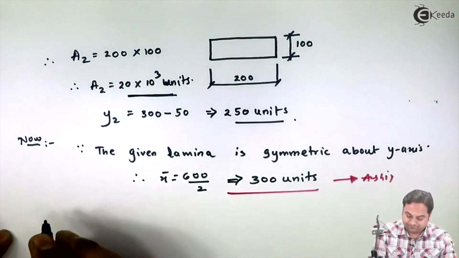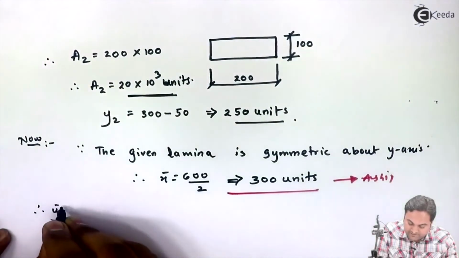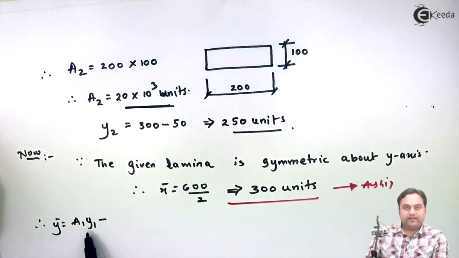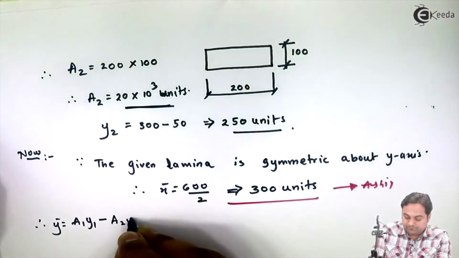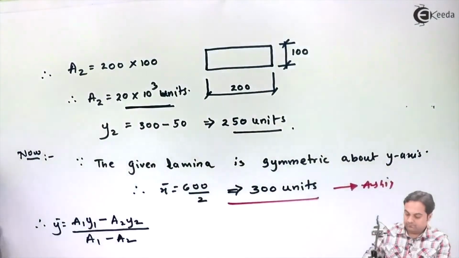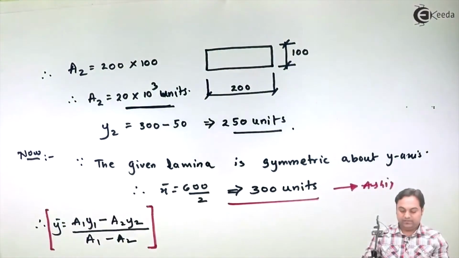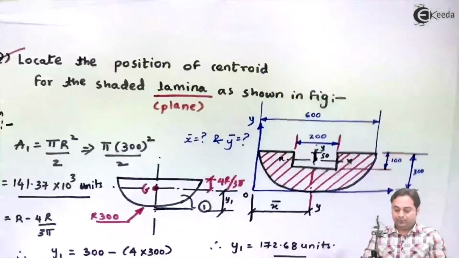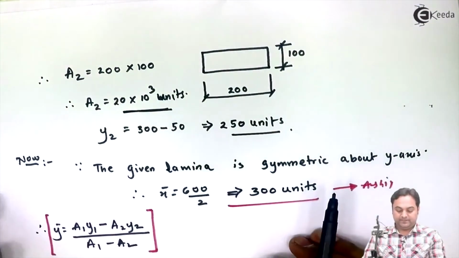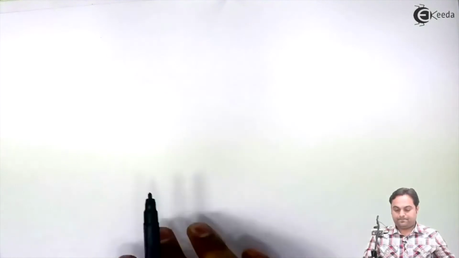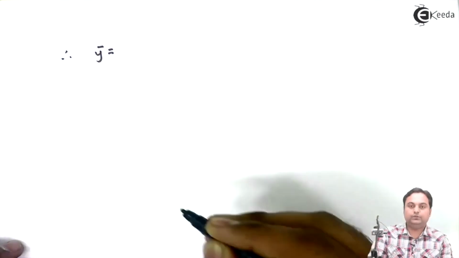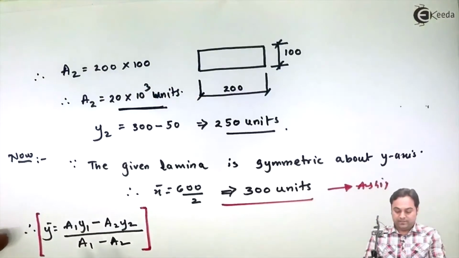Next, y bar. I will say that therefore y bar is equal to a1 y1, now here I have to subtract, so a1 y1 minus a2 y2 upon a1 minus a2. Here I am subtracting from the semicircular portion the rectangular portion. So I'll put the values on the next page. Therefore y bar is equal to a1 y1 minus a2 y2.